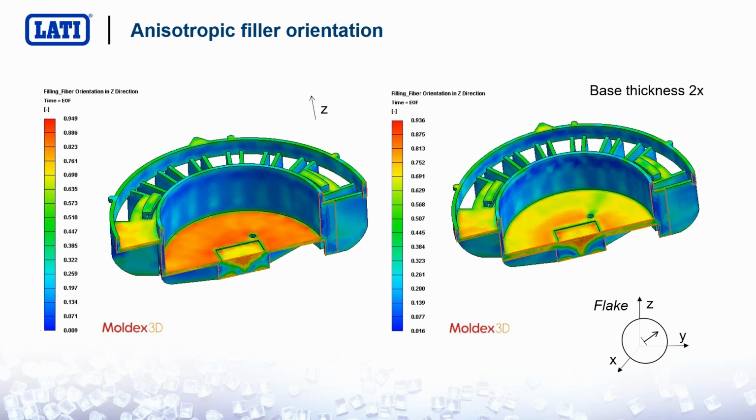We see here on the left that because of the lower thickness of the base, we will have a higher orientation of the flakes in the in-plane direction, while in the thicker base component, the average orientation will be lower.